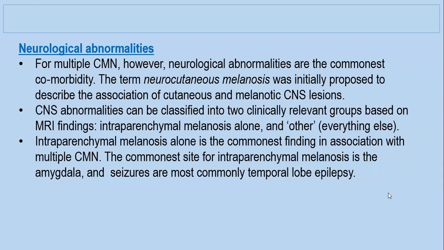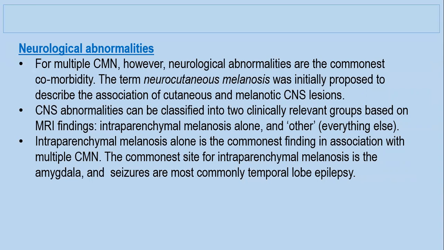The neurological abnormalities. For multiple CMN, the neurological abnormalities are the commonest comorbidities, and the term neurocutaneous melanosis was initially proposed to describe this association. The CNS abnormalities are classified into two clinically relevant groups, based on MRI findings: intraparenchymal melanosis alone, and others, which include all the other variants.